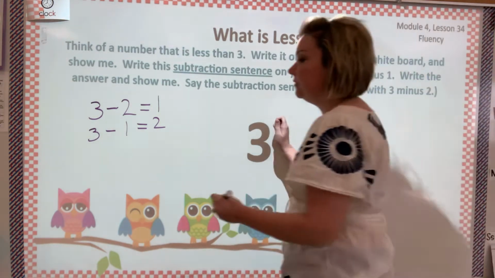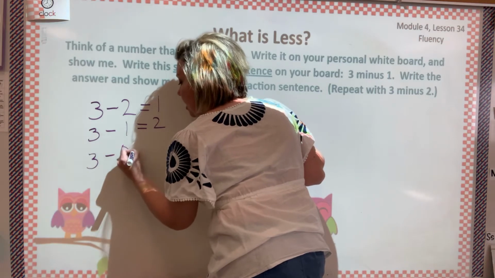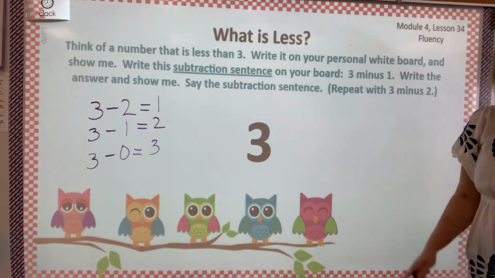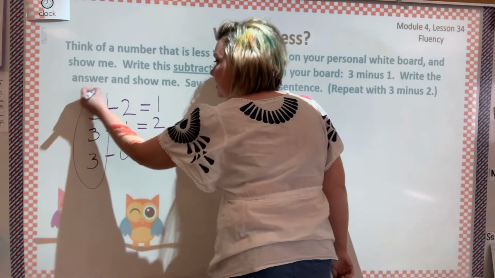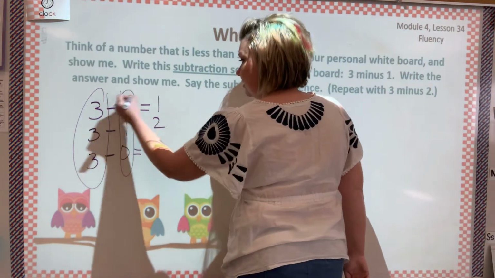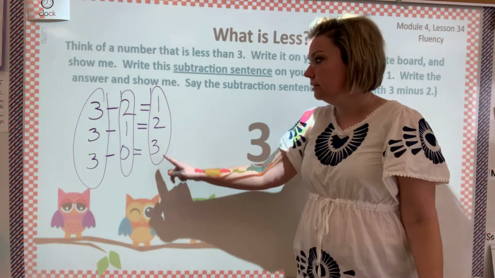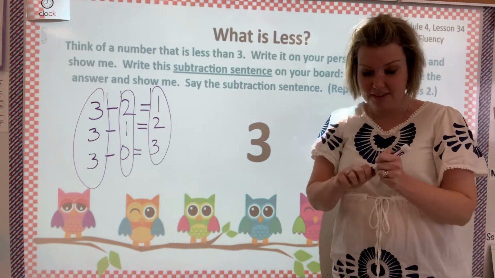And I saw some friends put 3 take away 0 equals 3. Do you see this pattern again? The whole is the same. Our parts are what changes. They count down and count up. All right.